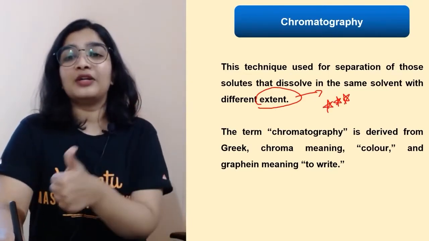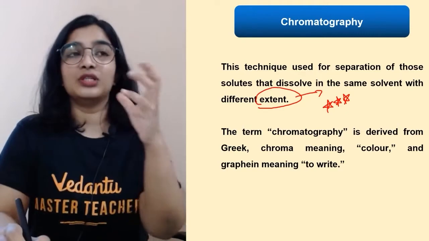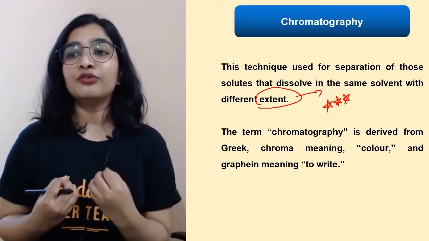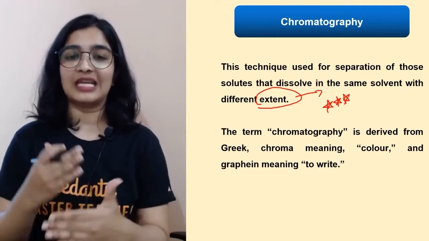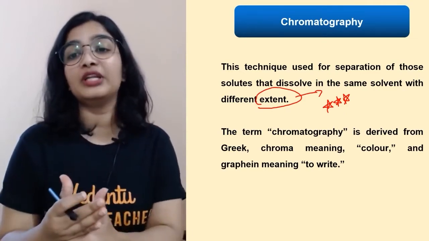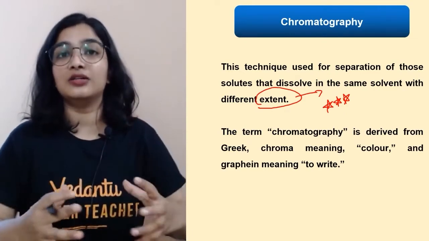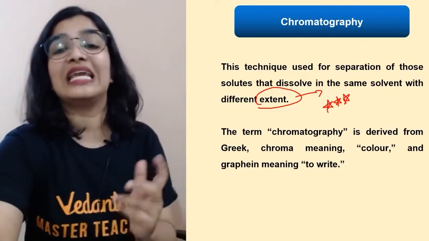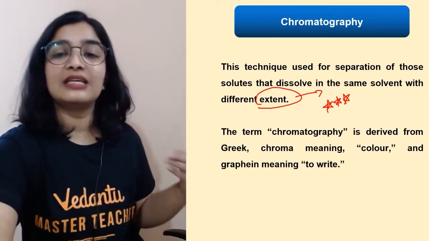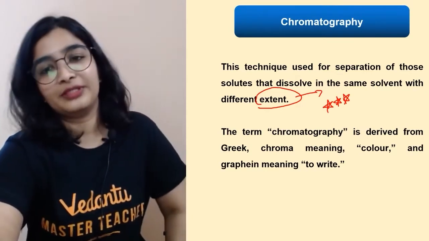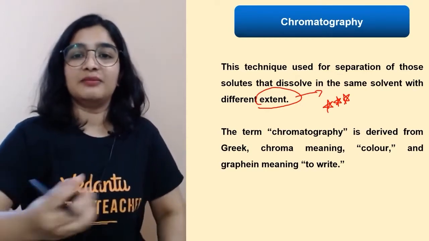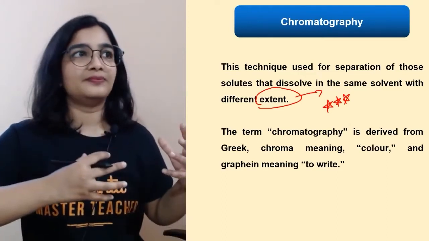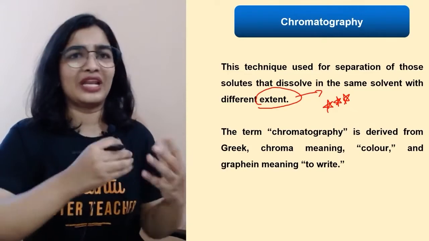So the term chromatography is derived from the Greek word chroma. Chroma means color. So for the first time, this technique was used to differentiate the colors or to know the different pigments present in a mixture. So since then, it is called chromatography. And graphein means basically to write, to record everything.